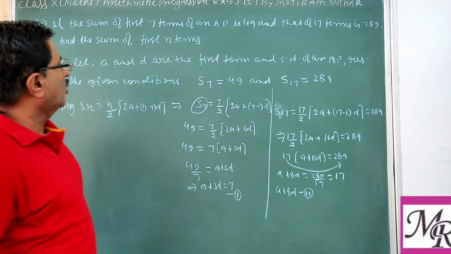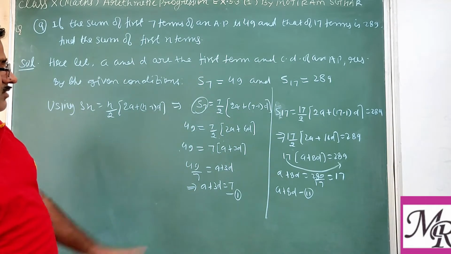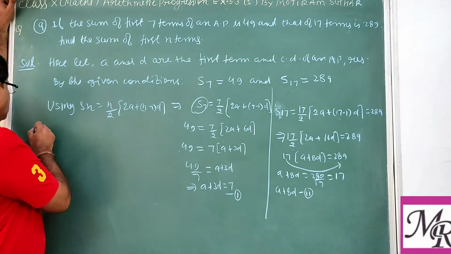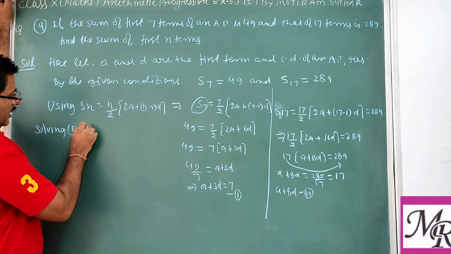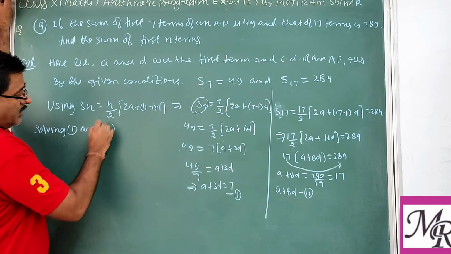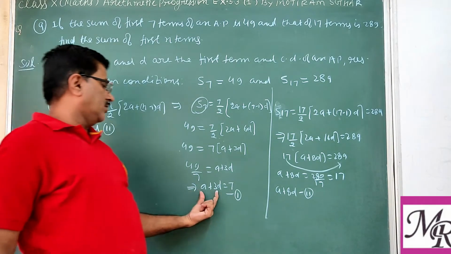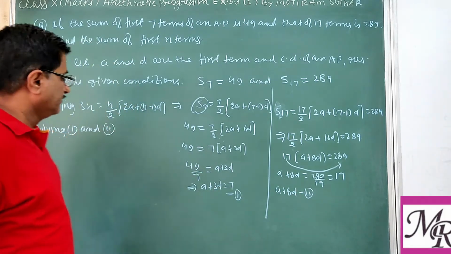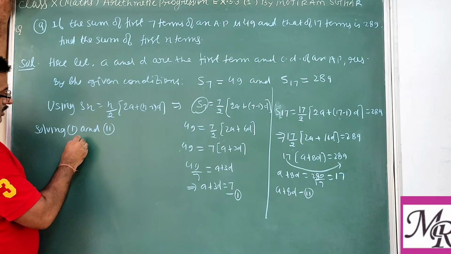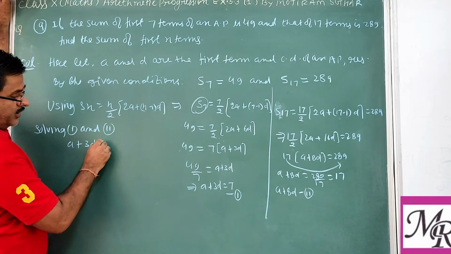Now solving first and second, we get a and d. As you know, both are a pair of linear equations in two variables. Here the variables are a and d. So you can use any method for solving a pair of linear equations in two variables.